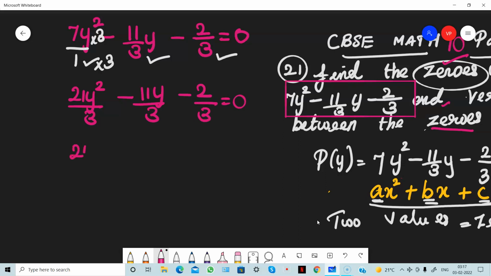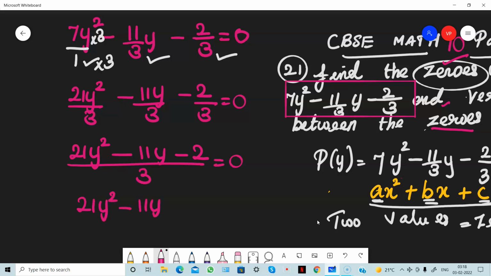Then what is the next step? Look at this: 21y square minus 11y minus 2. All of the denominators are equal, so you can write it only one time. 21y square minus 11y minus 2 over 3 equal to 0 over 1.